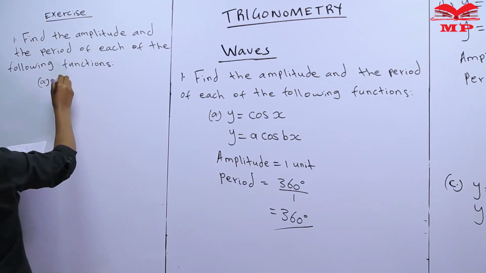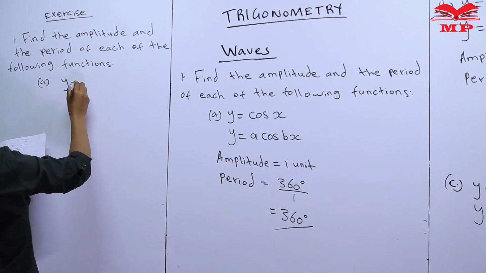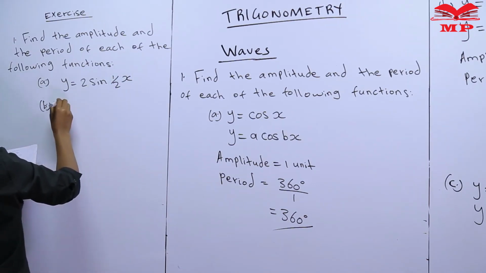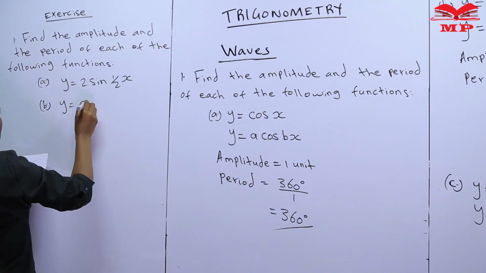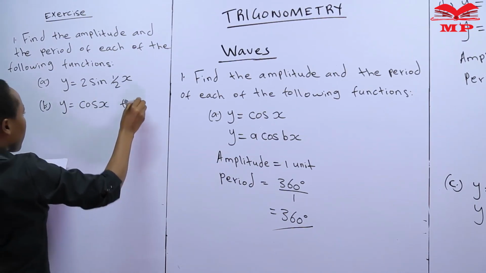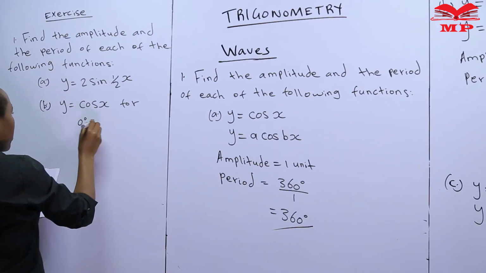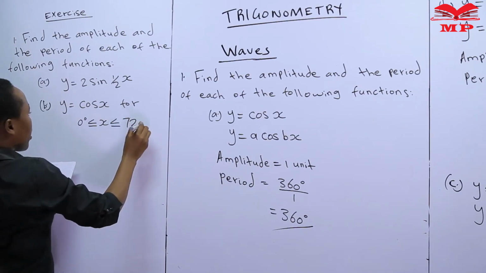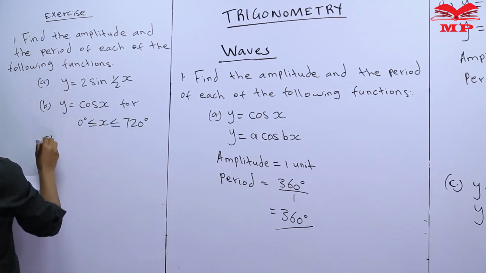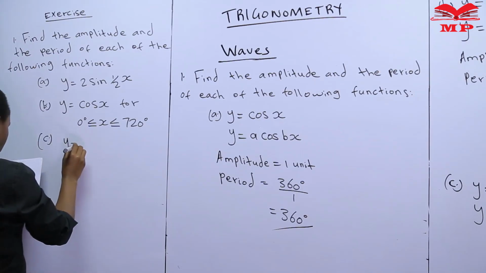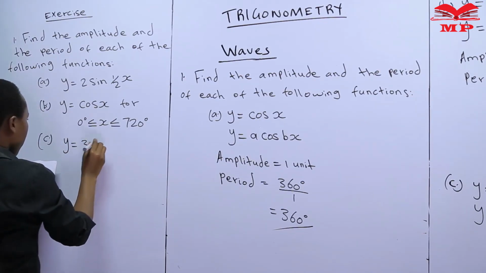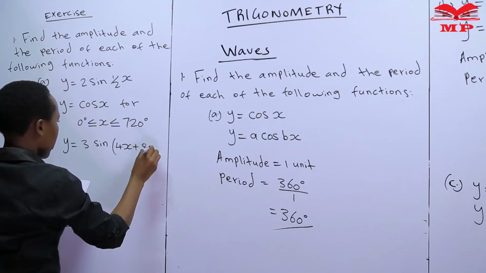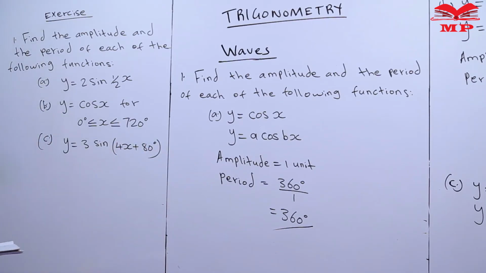Part A, you have y is equal to 2 sine a half x. Then we have B, y is equal to cos x, and here we have been given the range, that is from 0 degrees all the way to 720 degrees. Then finally, number C, y is equal to 3 sine 4x plus 80 degrees. That's what we have for number 1.